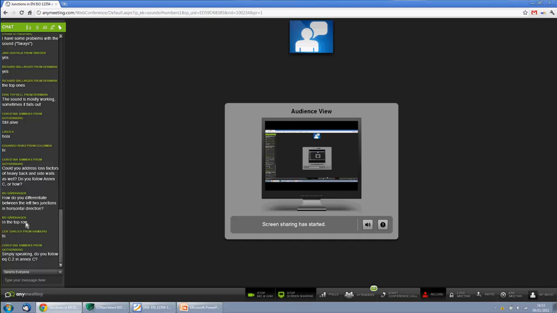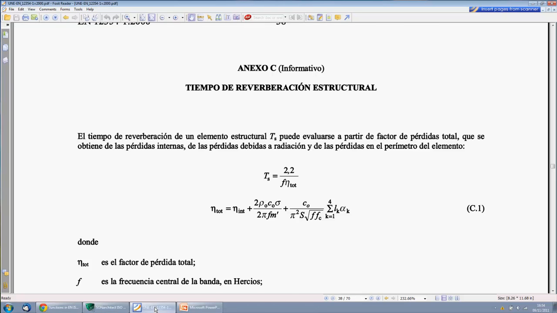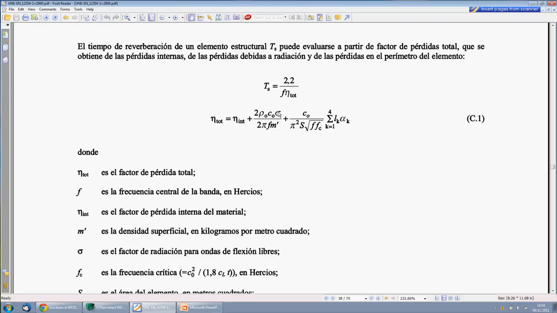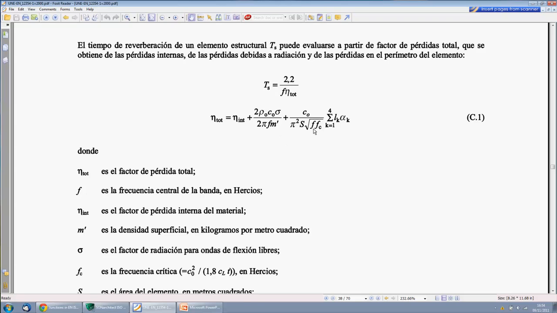Yeah, well, it's in Spanish, but basically we calculate the structural reverberation time through this equation, which is 6.1, and this equation is based on the total loss factor of the element, which can be calculated with the internal loss factor, and then a factor depending on the frequency, the mass per unit area, and also the radiation coefficient, and then again on the critical frequency of the element, the area of the element, and then a summation of the length of each of the edges multiplied by the alpha k factor.